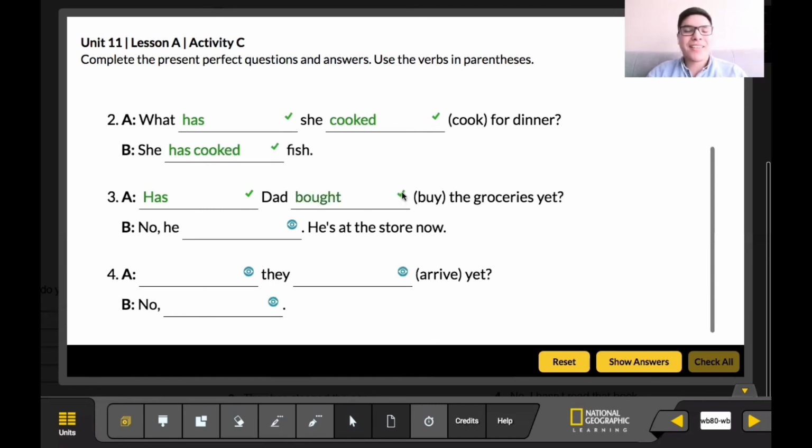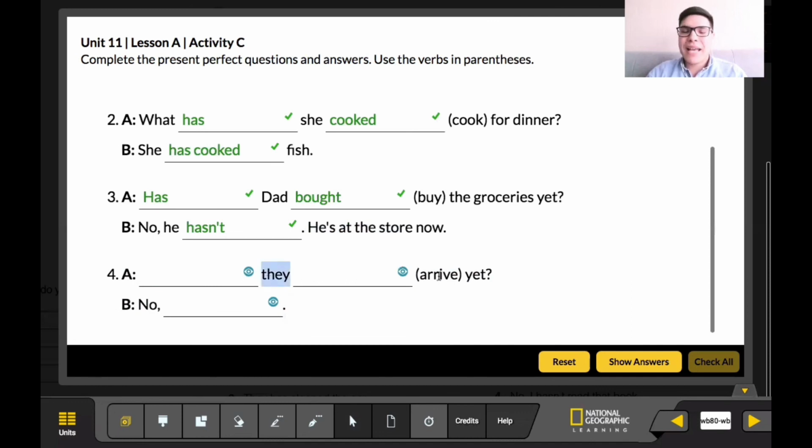Has dad bought the groceries yet? No, he hasn't. He's at the store now. So he's buying it right now. He hasn't. Very good.